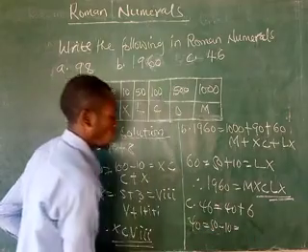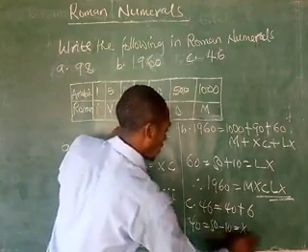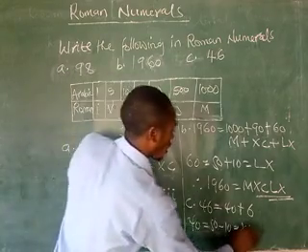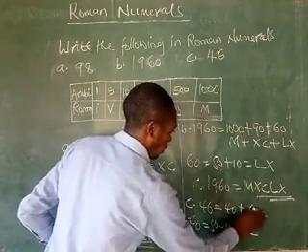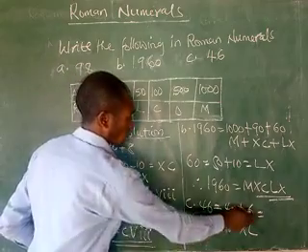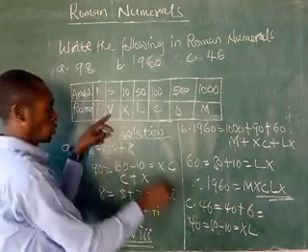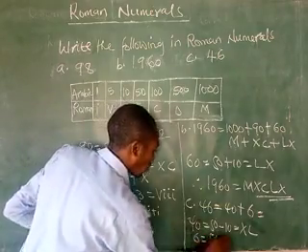So now, therefore, what is 10? 10 is X. So we have X. What is 50? L. This stands for 40. Now, let's look for 6. We can also get 6 from 5 plus 1.